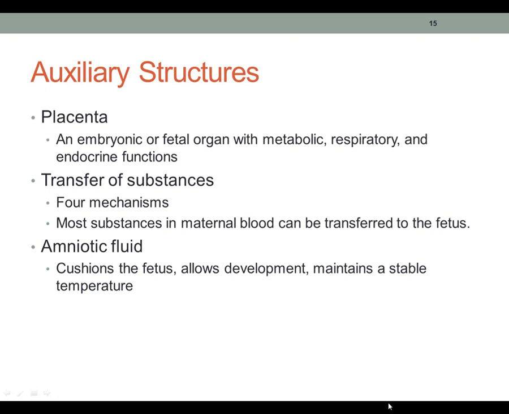We have waste removal because we're taking in substances and transferring them to the baby, so you're going to have CO2 as a waste product. And we also have immunity transfer from mother to baby. Then we also have the amniotic fluid, and it's there to cushion the fetus, to allow development, and to help maintain temperature in utero.